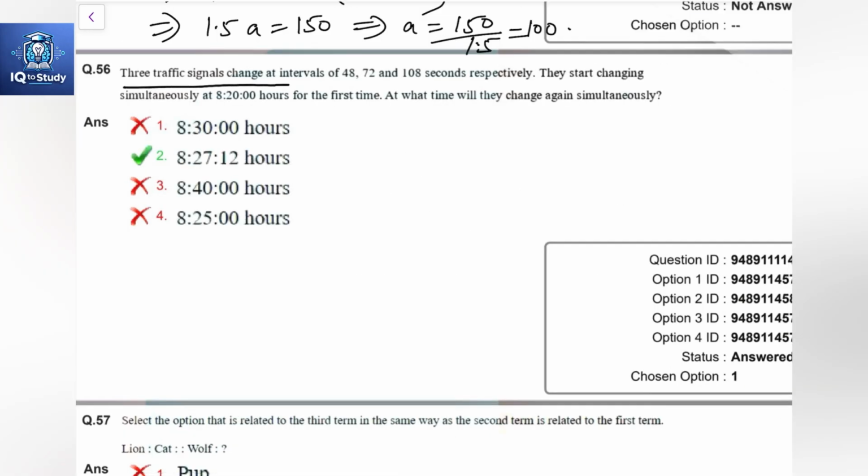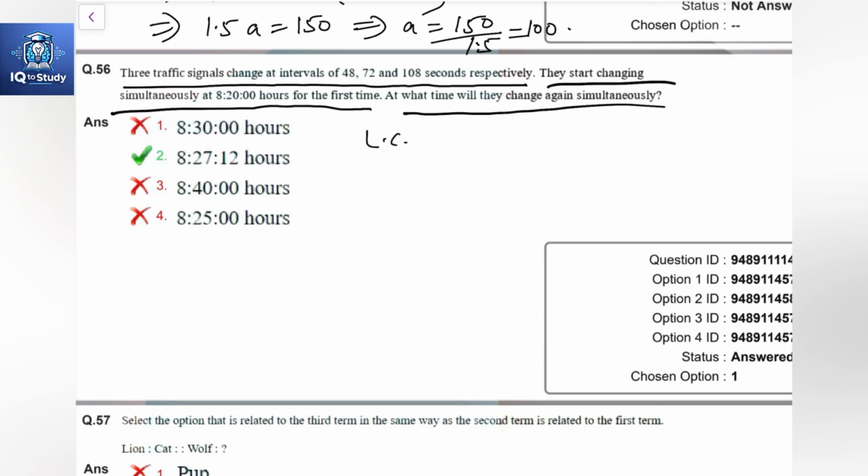3 traffic signals change at intervals of 48, 72 and 108 seconds respectively. They start changing simultaneously at 8:20 hours for the first time. At what time will they change again simultaneously? Let's take the LCM of 48, 72 and 108.